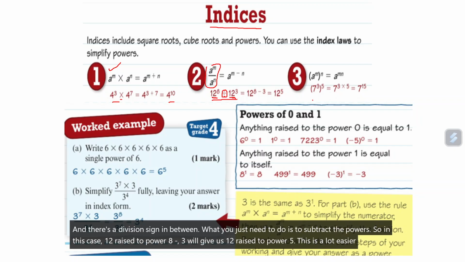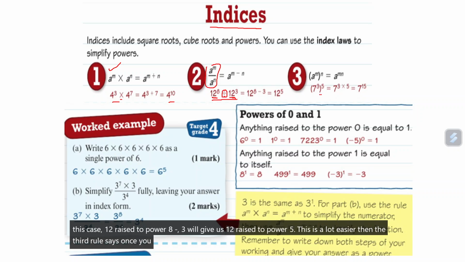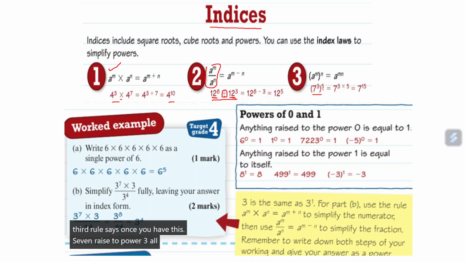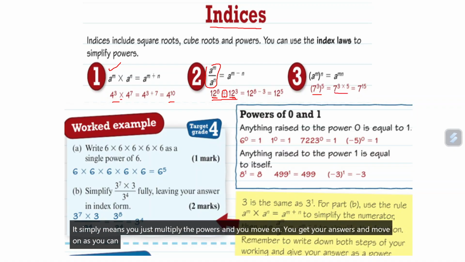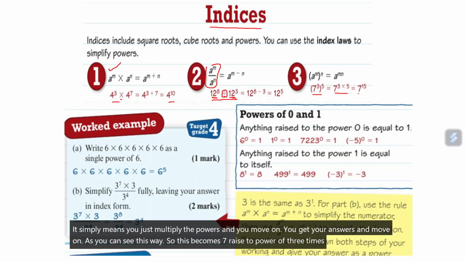Then the third rule says once you have this, 7 raised to power 3 all in bracket raised to the power 5, it simply means you just multiply the powers and you move on. So this becomes 7 raised to power 3 times 5, which will give us 7 raised to power 15.